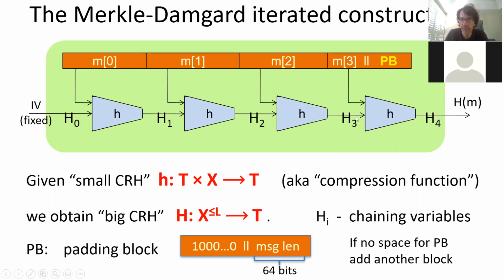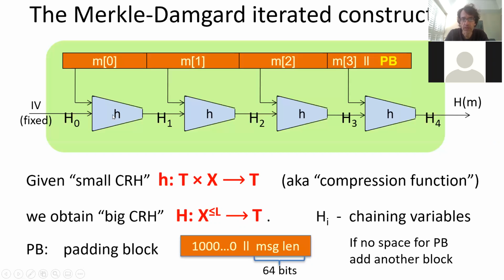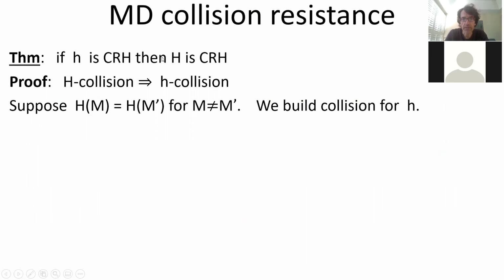And notice that this can be done fast with small hardware, because you just loop through this. By the way, this is inherently sequential. And here is the theorem of Merkle-Damgård: if the small compression function, the round function here, is collision resistant, then the whole big thing is collision resistant.